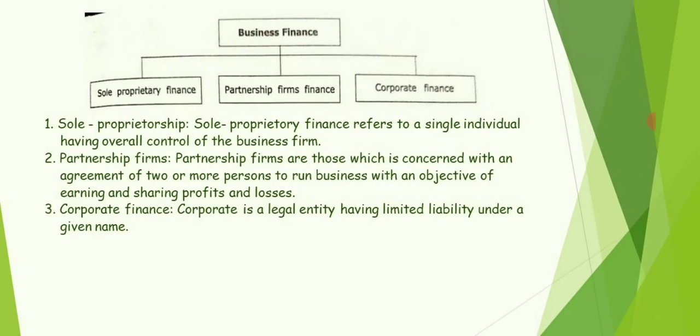And next come to business finance. The term business finance is made up of two terms. One is business and the other is finance. The term business literally means a state of being busy.